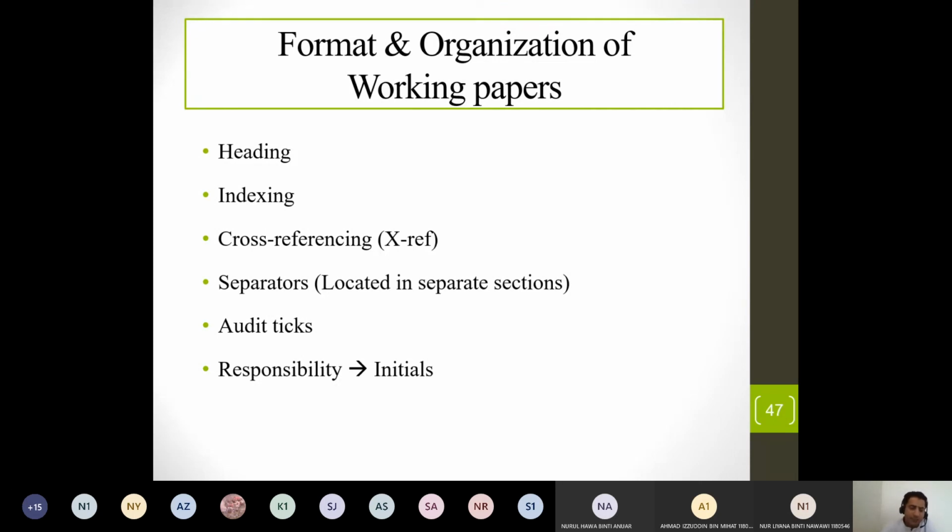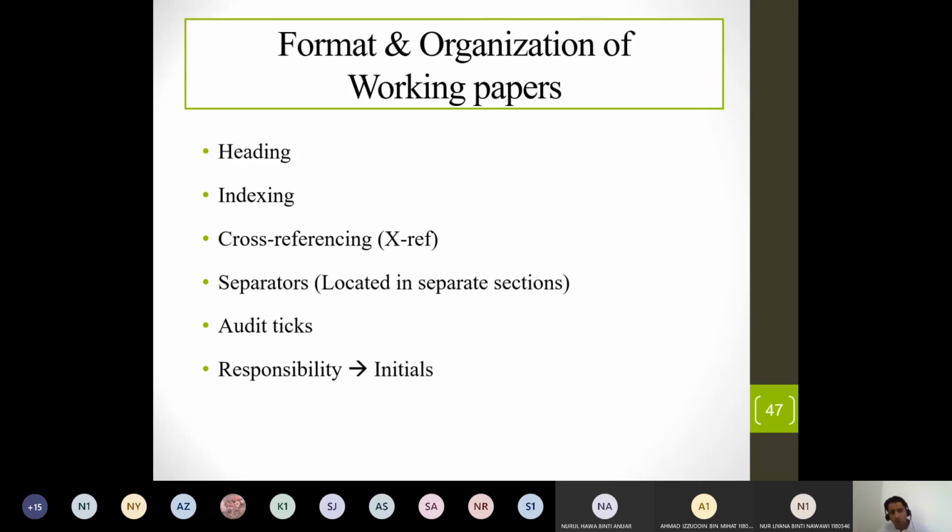Then next is separators, located in separate sections. So let's say we have the financial statement and the working trial balance, which should have separators. We also have audit ticks, meaning done. The auditor should tick, or sometimes stamp, as done and so on.